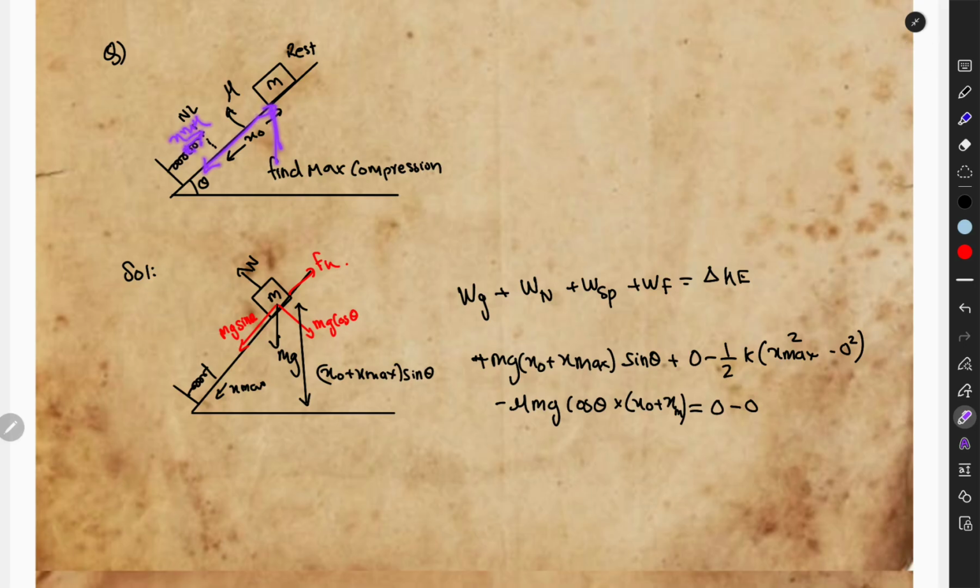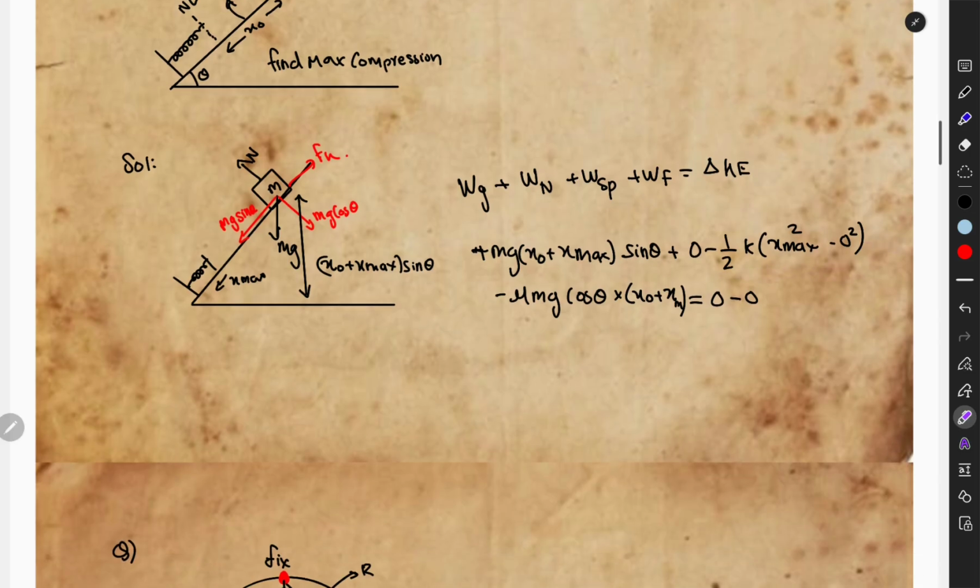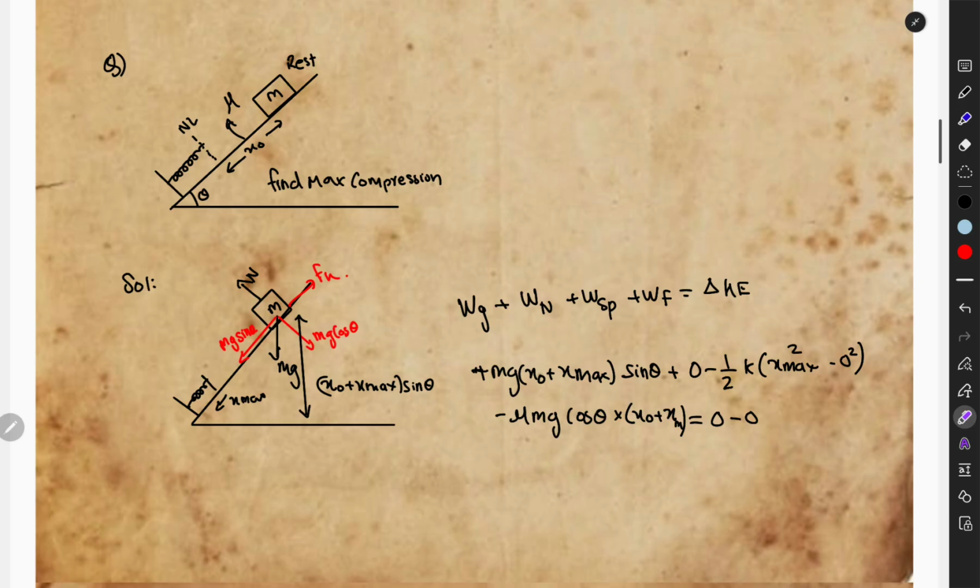The component of this will be sine theta multiplied by (x max plus x naught). So mg multiplied by this will be the work done by gravity, and of course this is the work done by the spring, and the last is friction, right?